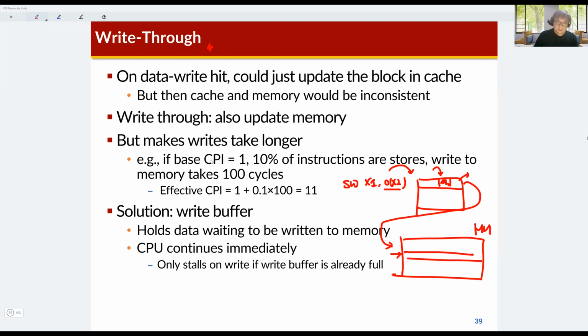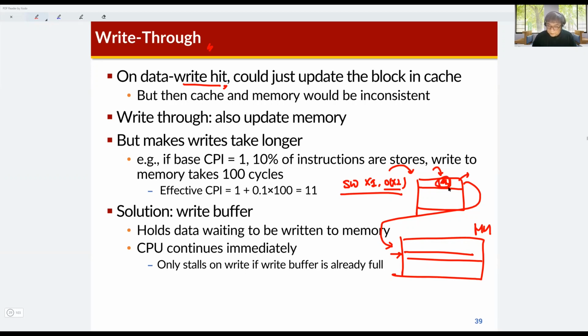So on a data write hit, which means that the store instruction is performed by the processor, and this store instruction updates a certain cache block of the data cache. So this is a write hit because this data exists in the cache.